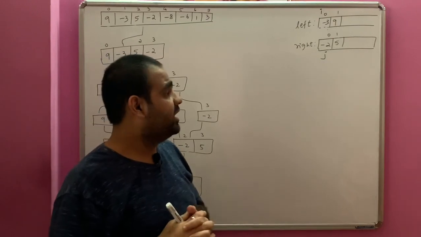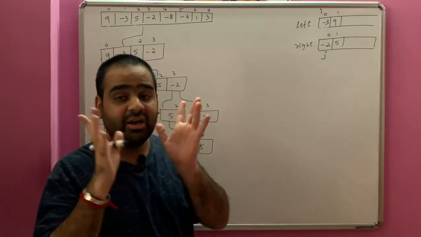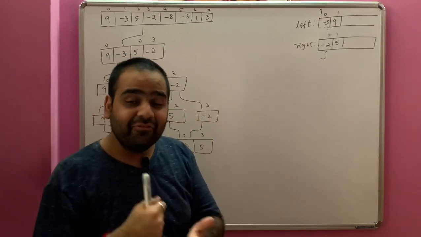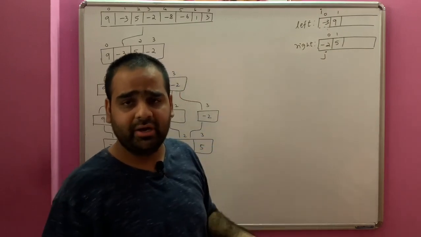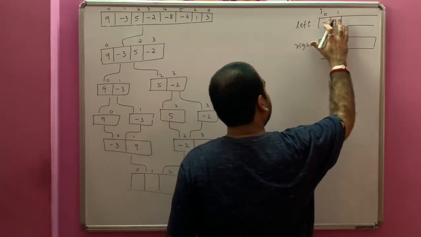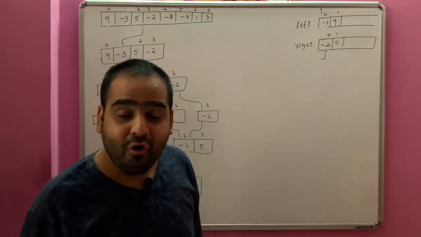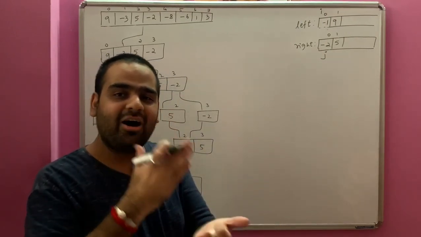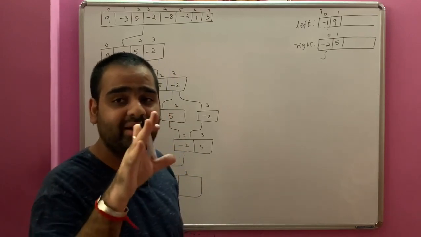Are minus 3 and minus 2 of the same sign? Yes, they are of the same sign. That means the relative order matters. And if the relative order matters, whatever is there on the LHS, you have to write it. Even if it might be minus 1, you don't say that minus 1 is less than minus 2. No! Because they both are of the same sign, the relative order matters over here.